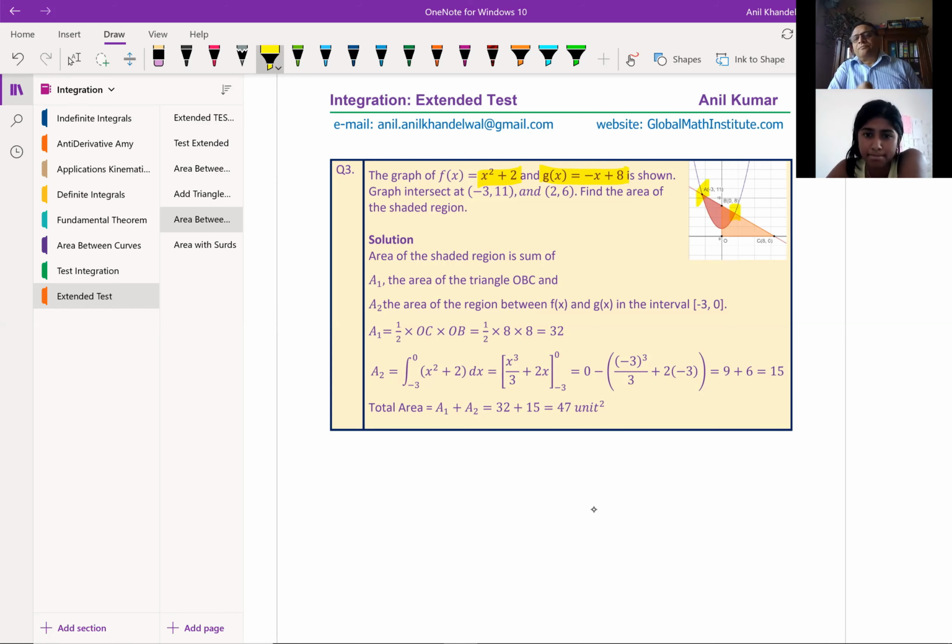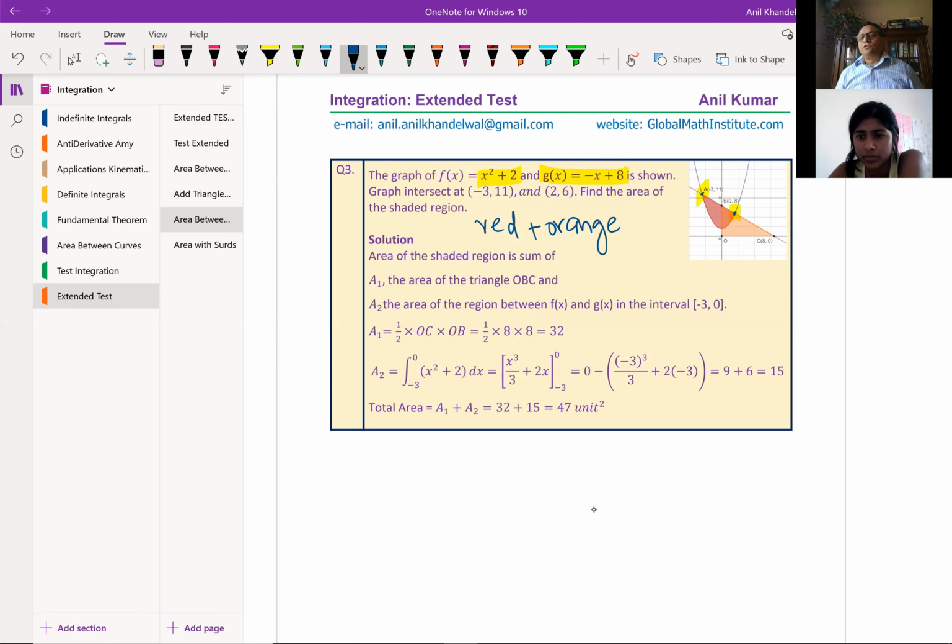Correct. So we are given these 2 points of intersections, which is this point here and this point here. Correct. Find the area of the shaded region. The shaded area region here includes red plus orange.